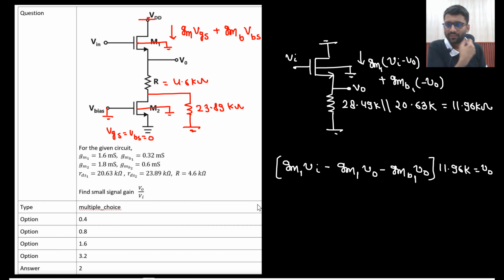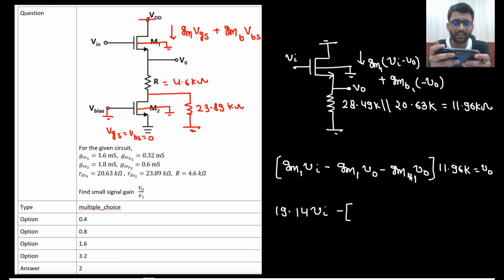What is the value of GM1? 1.6 milli. 1.6 into 11.96 is 19.14, times V in, and then minus GM1 plus GMB1 times V naught.